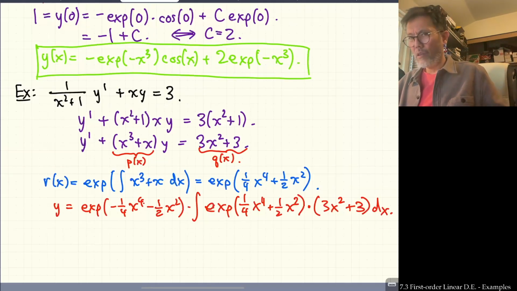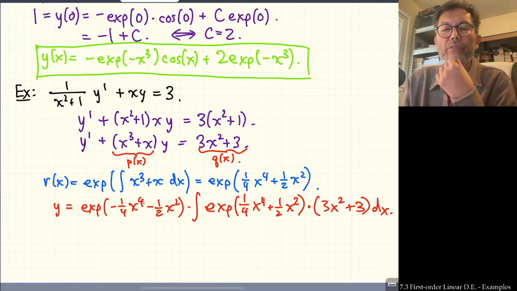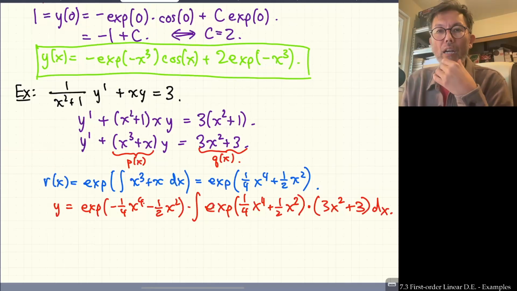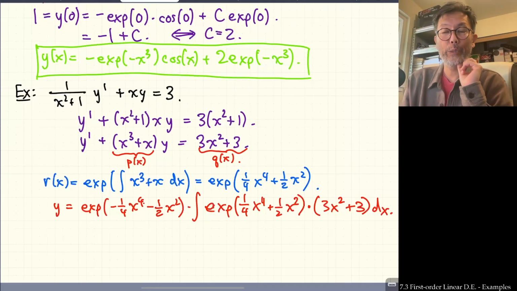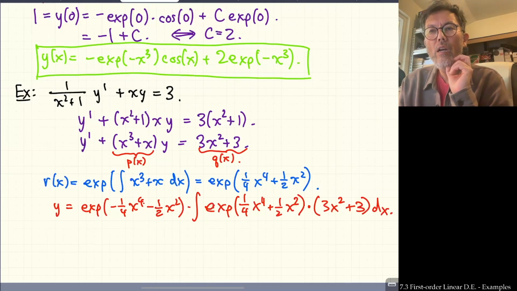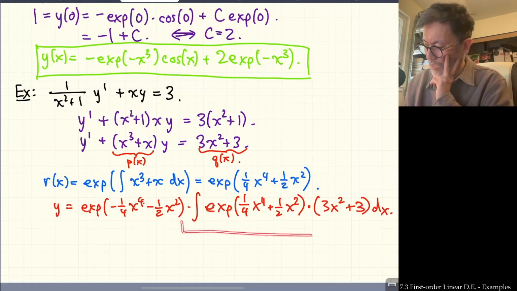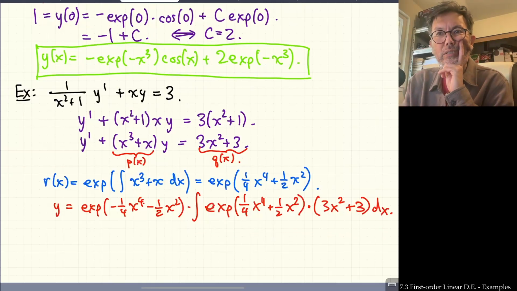Okay. I believe, having never seen this problem before, that we are going to now run into a bit of an issue. And the issue is that this integral right here is one of those famously intractable ones.